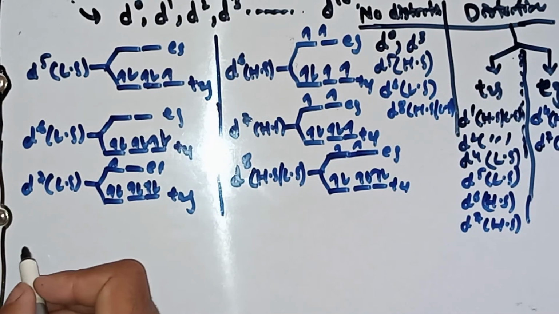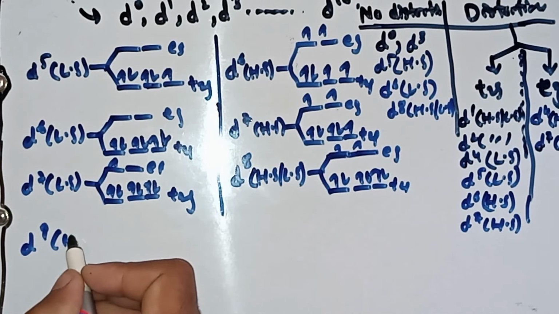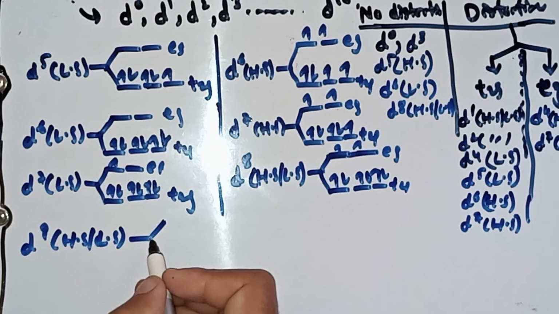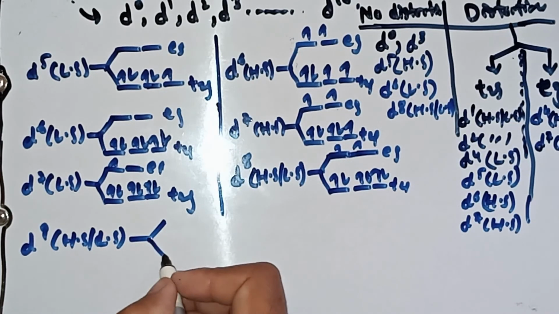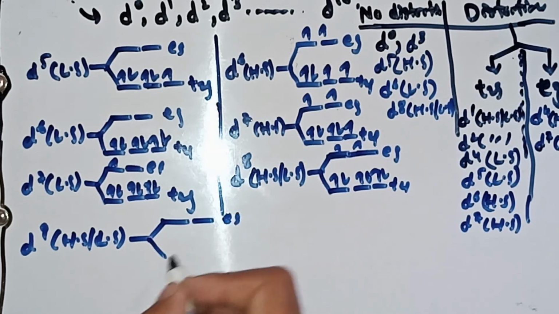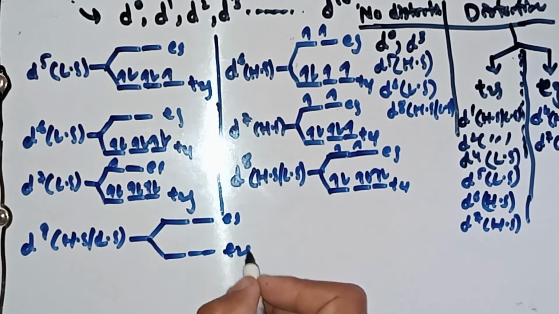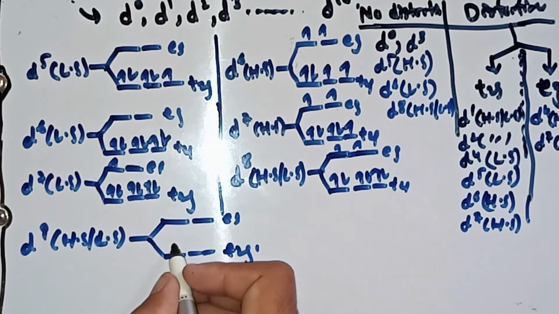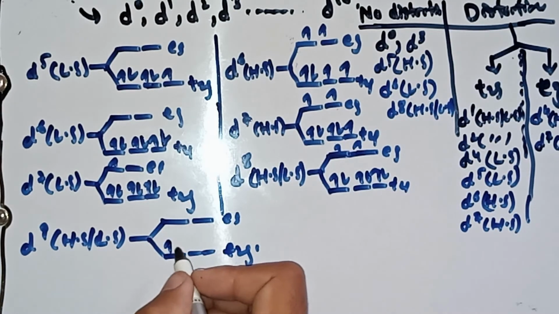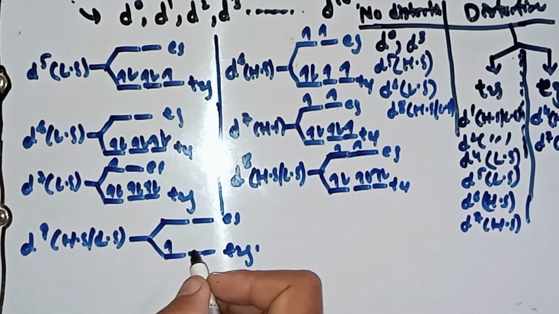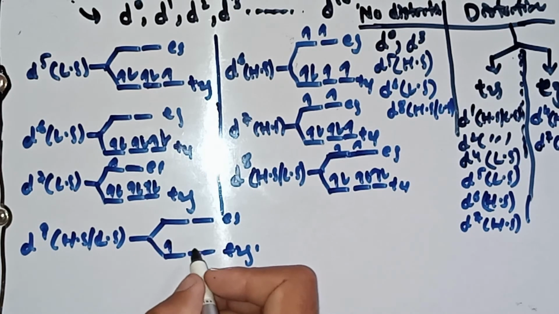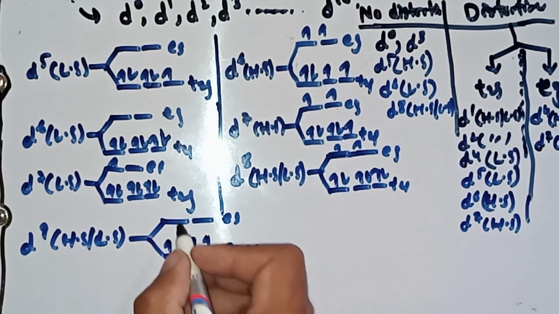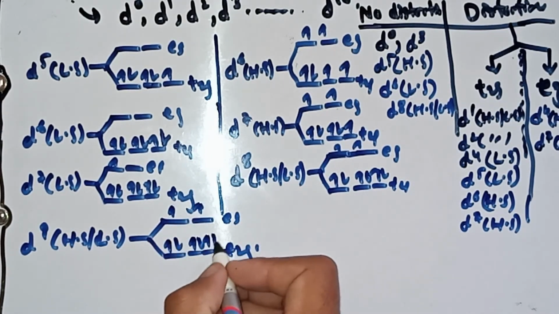So in a d9 system, when it is high spin or low spin, in both cases they are the same. What will happen? This is EG, this is T2G. According to Hund's rule, whether high spin or low spin complexes, the electrons fill one, two, three, four, five, six, seven, eight, nine.